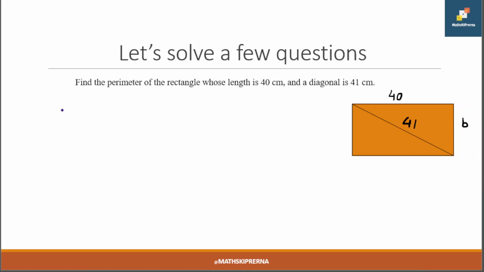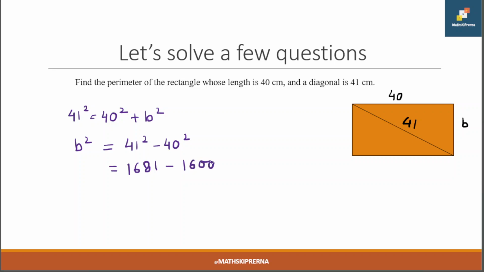So we can easily write 41 square is equal to 40 square plus B square, which is B square will be equal to 41 square minus 40 square, and 41 square is 1681 and 40 square is 1600, which gives us the value as 81.